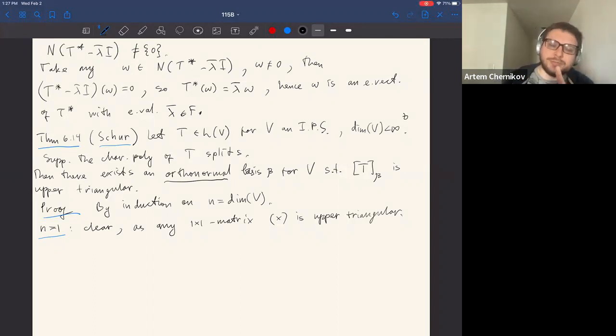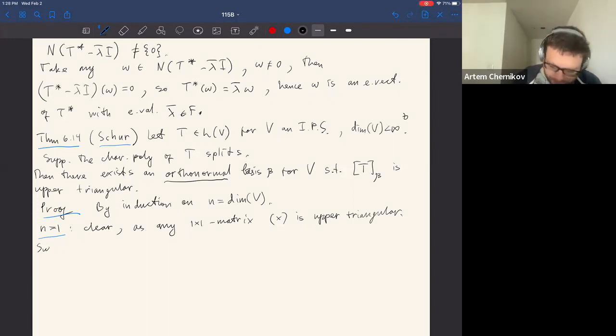It's only one implication. But we try to collect the best we can from knowing that the characteristic polynomial splits. What it gives us is a basis, moreover an orthonormal basis, with respect to which the matrix is upper triangular, but not necessarily diagonal.